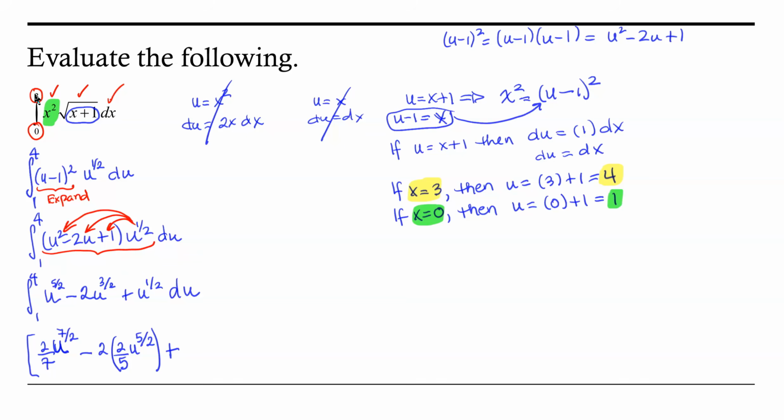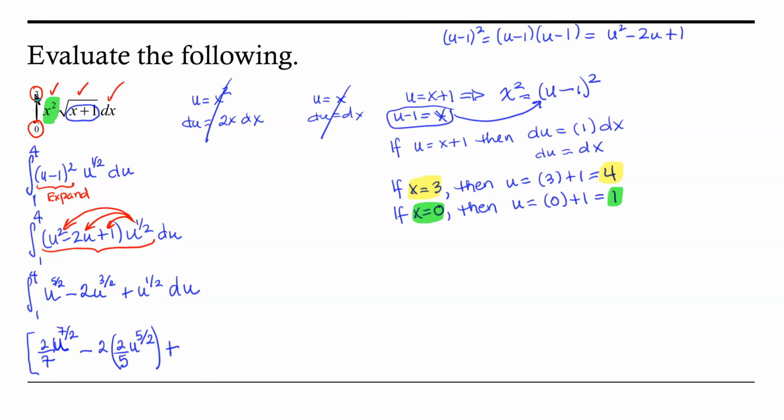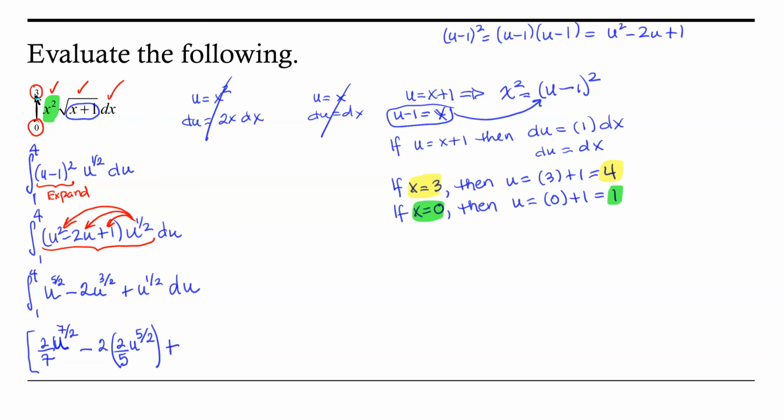I need to add 1 to that exponent for the antiderivative. 1/2 plus 1 is u to the 3/2. And then for my antiderivative, I need to multiply by 2/3. And then we're going to evaluate that between u equals 1 and u equals 4.